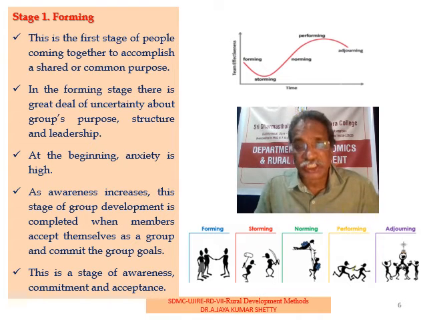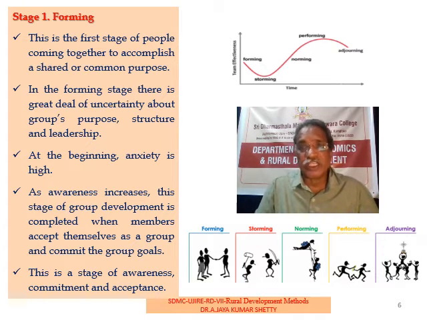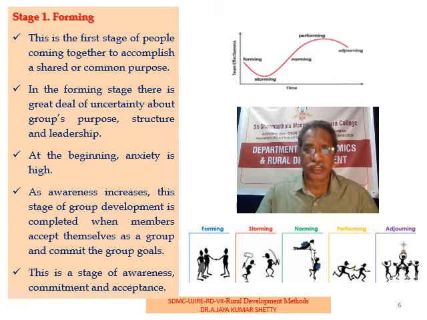The first stage of group development is known as the forming stage. The forming stage represents a time where the group is just starting to come together and is characterized by anxiety and uncertainty.